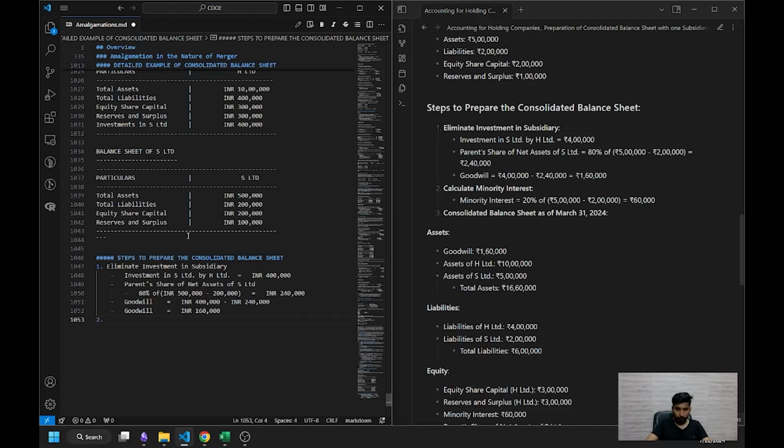After that, we need to calculate the minority interest. Now, how to calculate the minority interest?